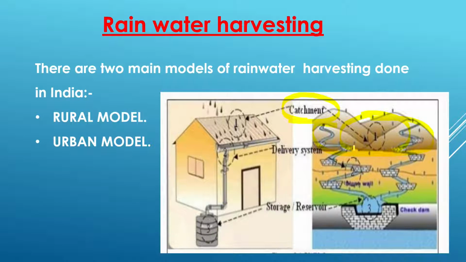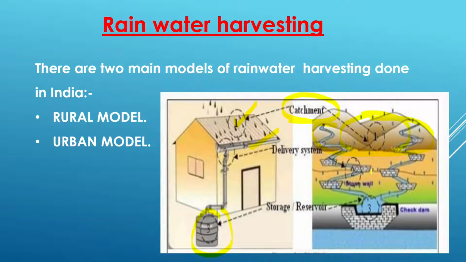Then through the rivers or rivulets, the water flows down the hill. Over here in the urban area, that is roof water harvesting, the catchment area is at the roof where the rainfall is taking place, and it is drained out by the delivery system of conduits, that is the pipe, and then it is stored in the tank over here.